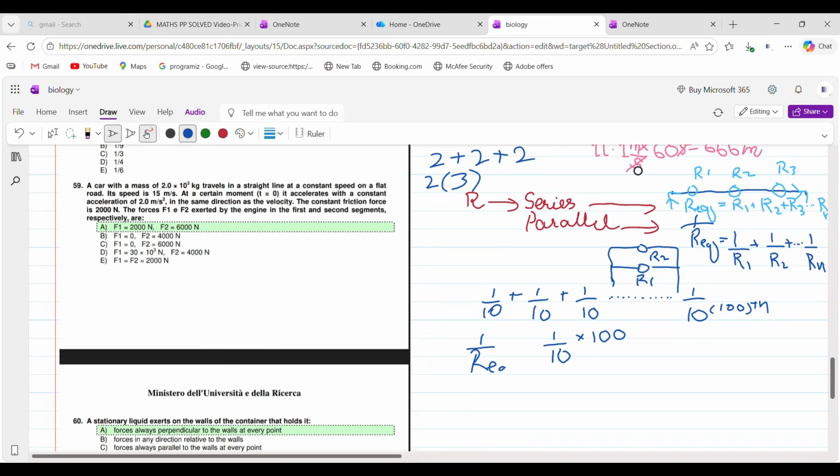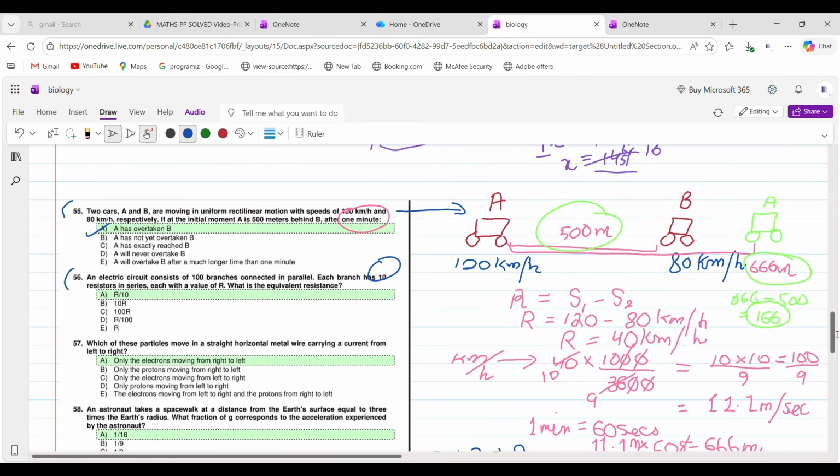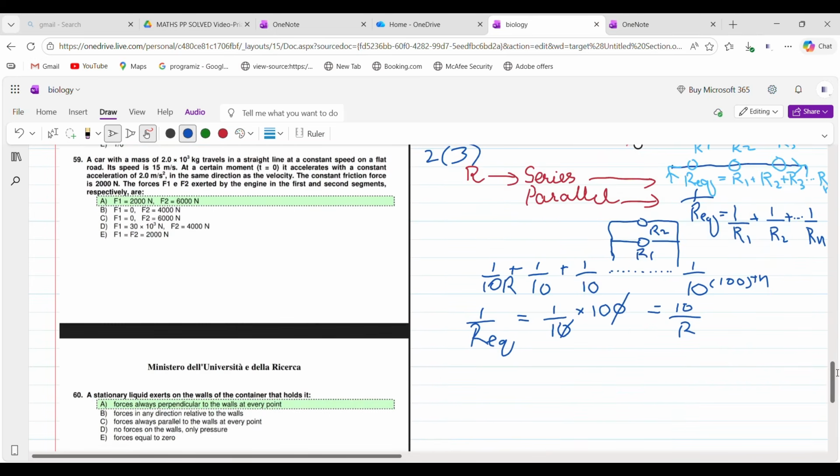Okay, so 0 cancels with this 0, and then we are left with 10 upon R. I can write R here as well, because each resistor has the value of R. So I hope this is clear now. So basically 10 upon R. Now see, we have to find the equivalent resistance only, but here we have found 1 upon R, which means I have to take the reciprocal in order to find the equivalent resistance.